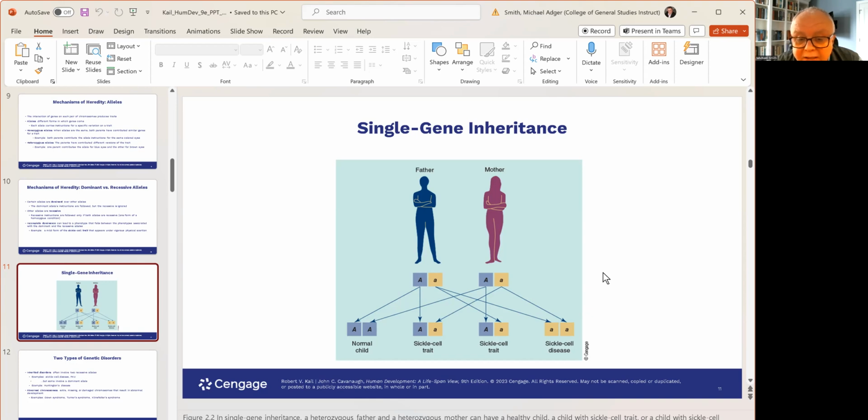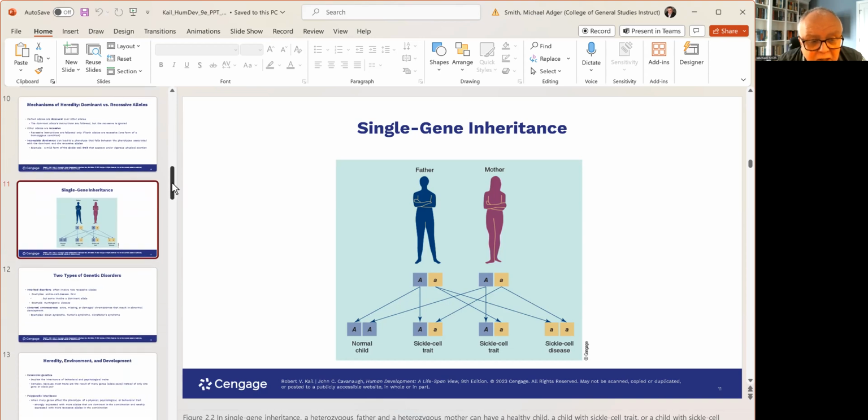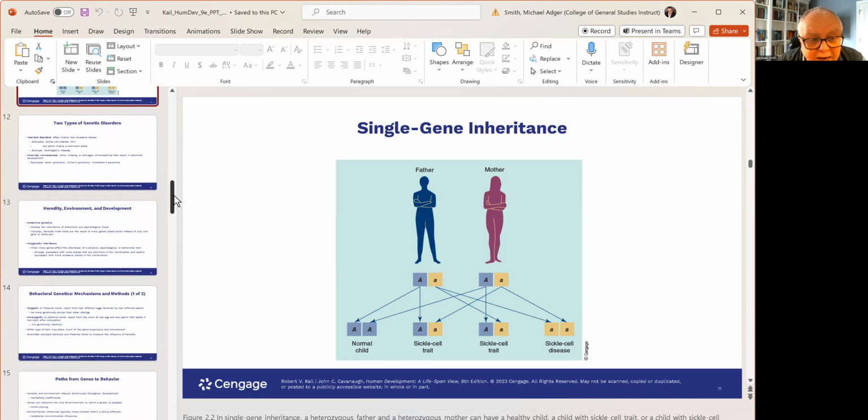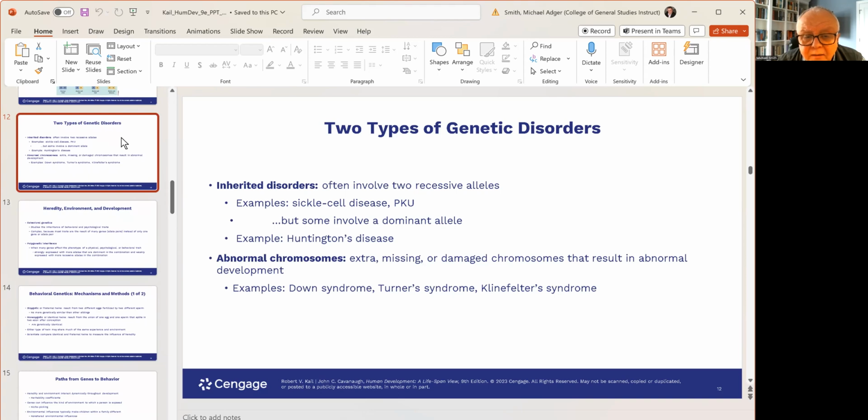They could have one that would be totally normal, so they would both receive the double A. They could have a sickle cell trait of two of them, and then the third one would be the weakest sickle cell trait. So three of their four children could have the gene for sickle cell anemia, and probably the one would actually have the disease.